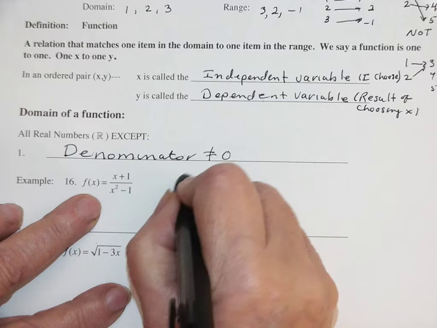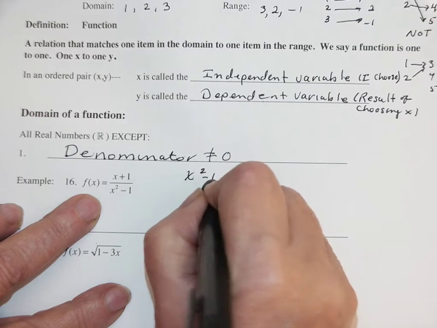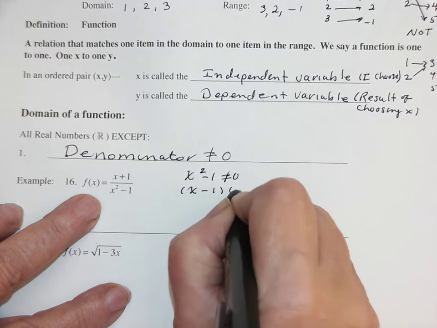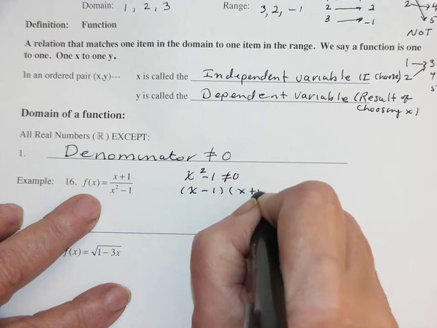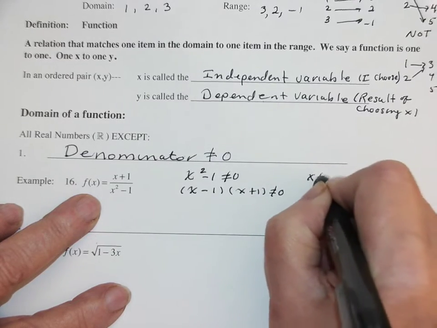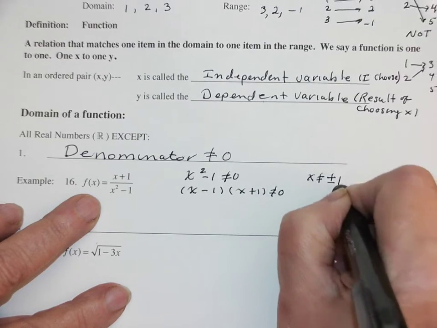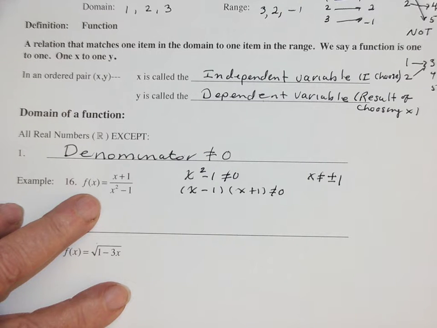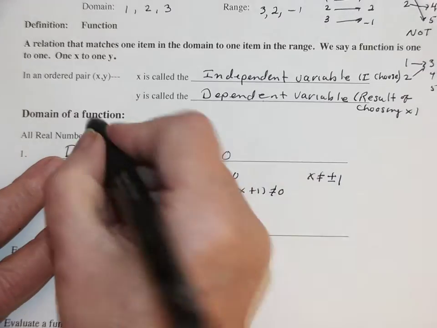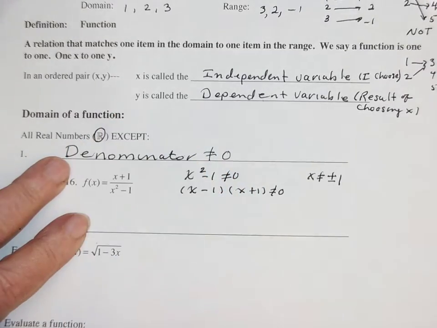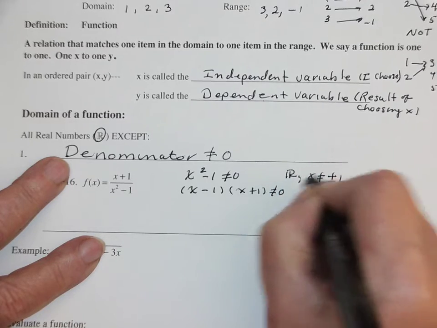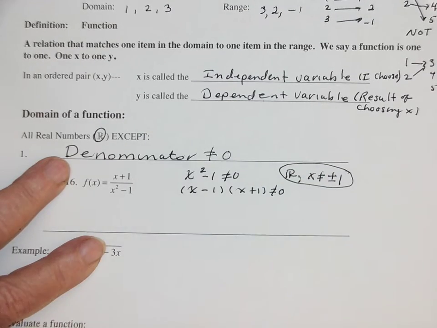The denominator can't be 0. That means that x squared minus 1 can't be 0. This factors as a difference of squares. In this case, x can't be plus or minus 1. So the domain would be all real numbers except that. And I use this notation for all real numbers.